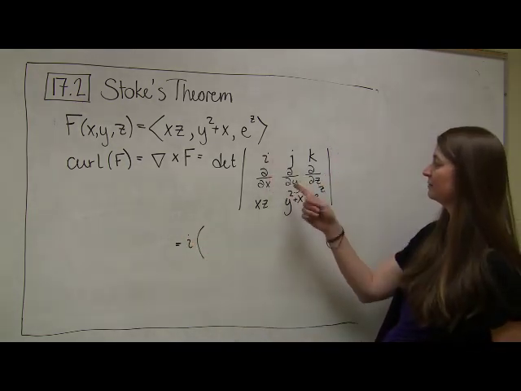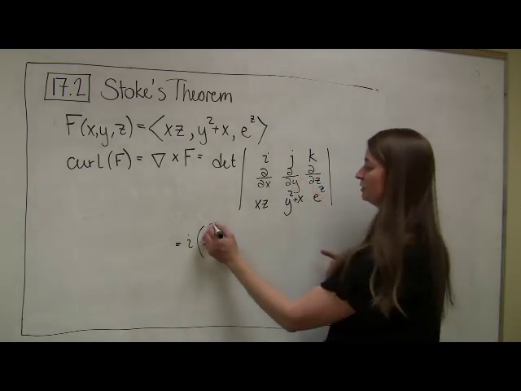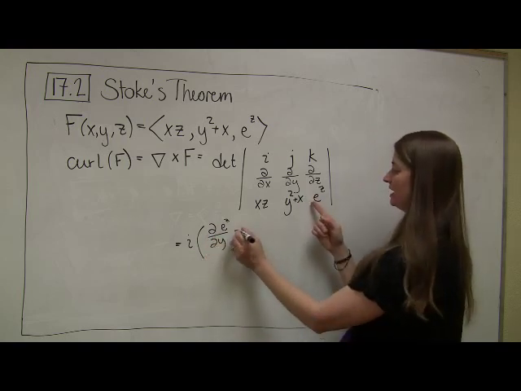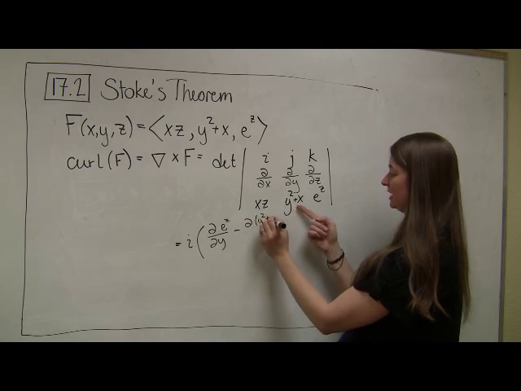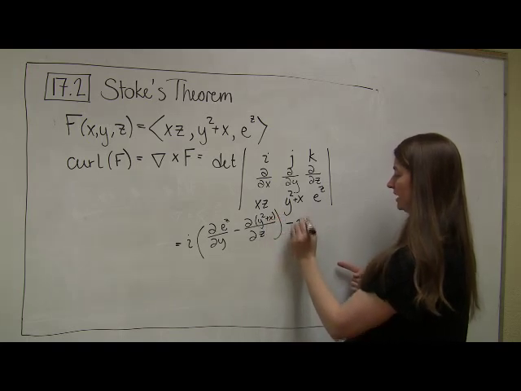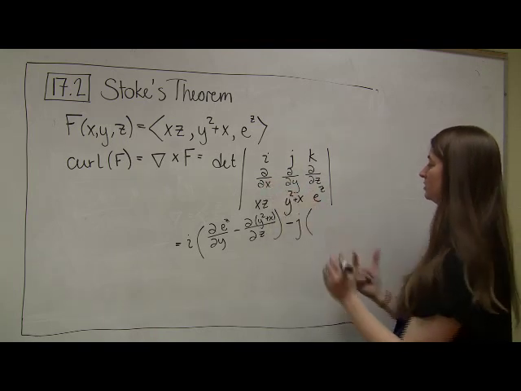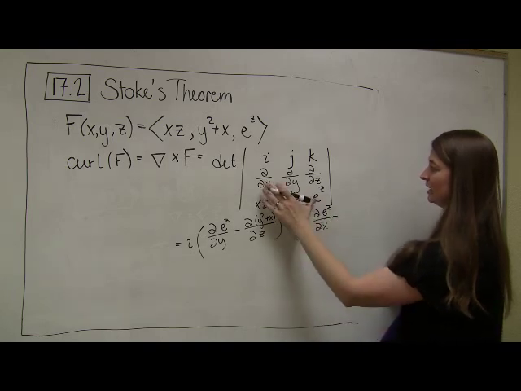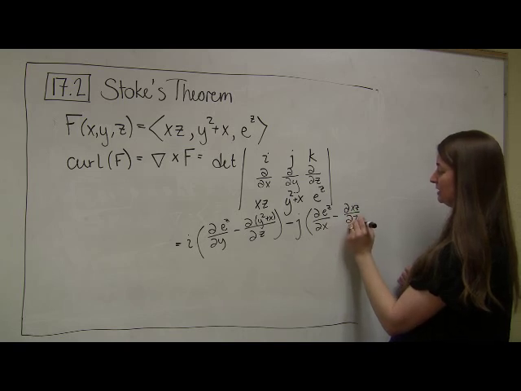Again, when I look at the ith component, it's the determinant of this minor 2 by 2 matrix. So I'm taking the partial derivative of e to the z with respect to y, and then I subtract the partial derivative of y squared plus x with respect to z. Then for the jth component, I take the partial derivative of e to the z with respect to x, and then I subtract the partial derivative of xz with respect to z.